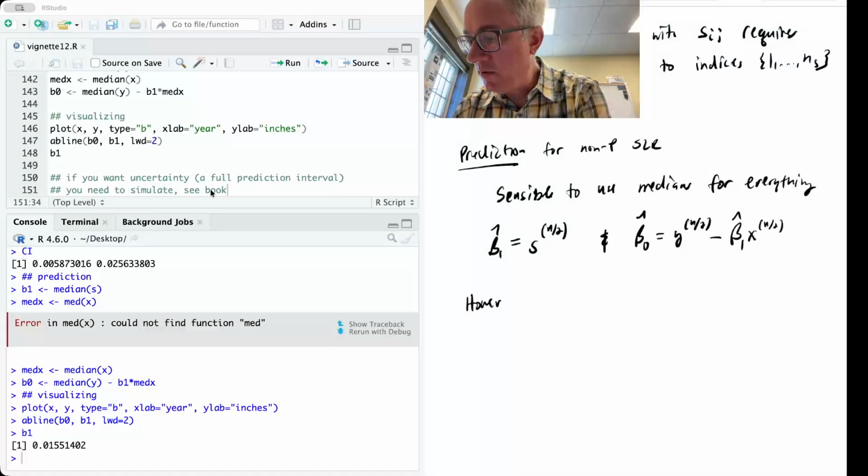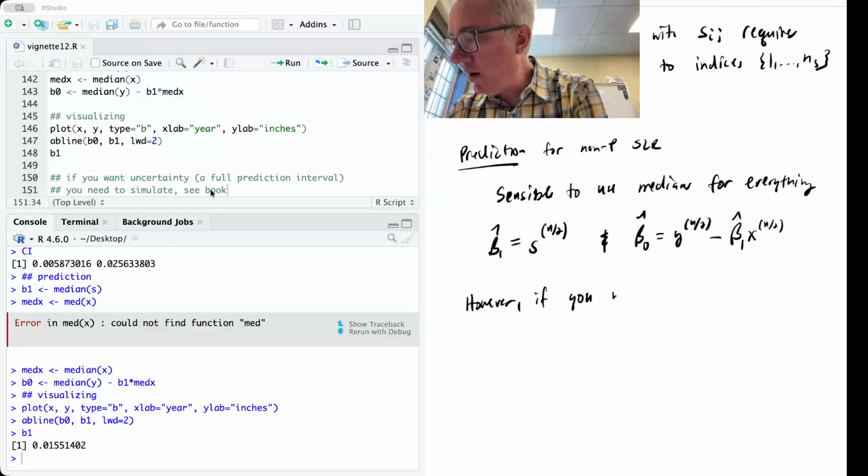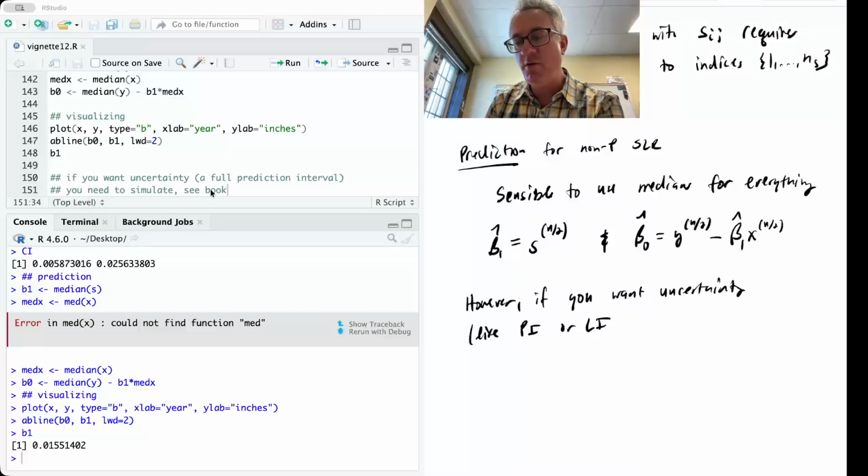However, if you want uncertainty, like a prediction interval or a confidence interval on your predictions, remember chapter 7 where we made that hyperbolic curve, or hyperbolic curves, to represent our predictive uncertainty?